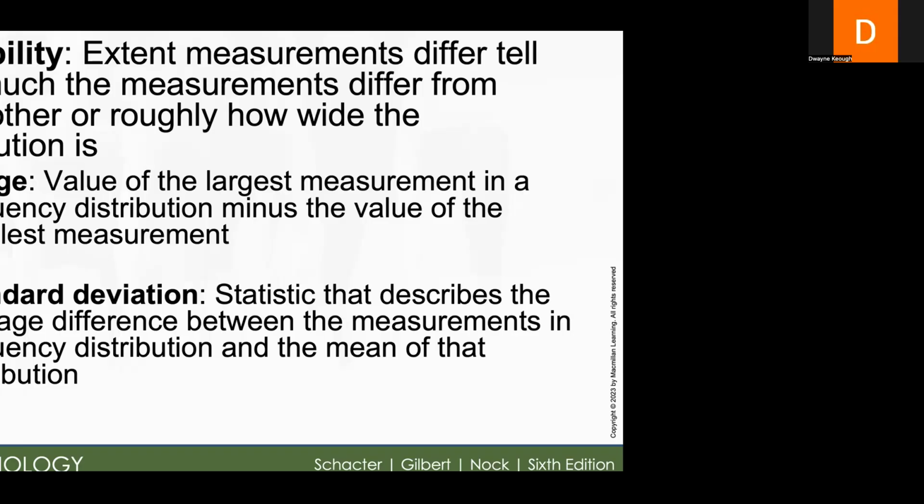So it's effectively a measure of variability that we use because the square rooting of numbers, and I recognize this means nothing to you, just brings it back into the units represented in the beginning. According to the book, it's a statistic that describes the average difference between the measures in a frequency distribution and the mean of that distribution. But that's a bit confusing. By definition, it's literally just the square root of the variance.